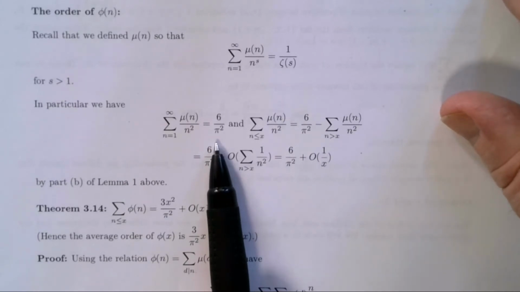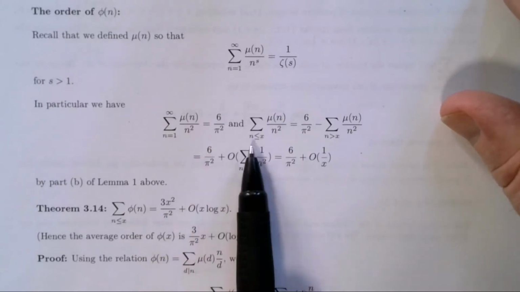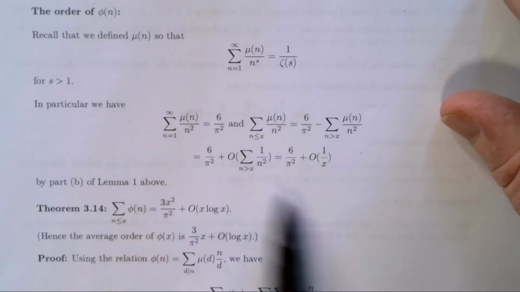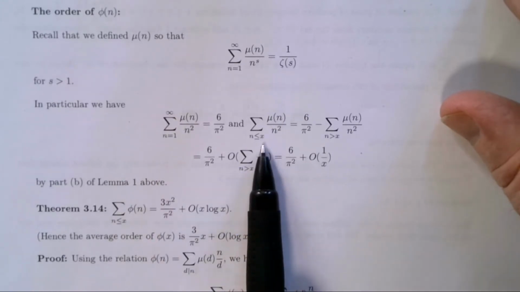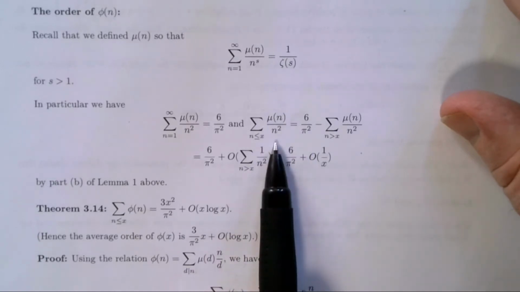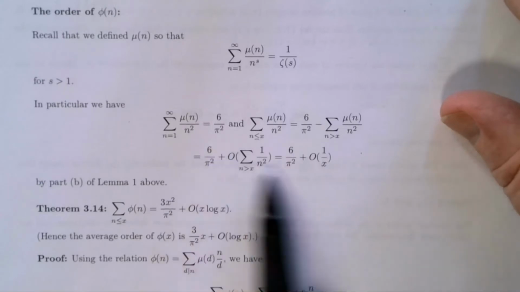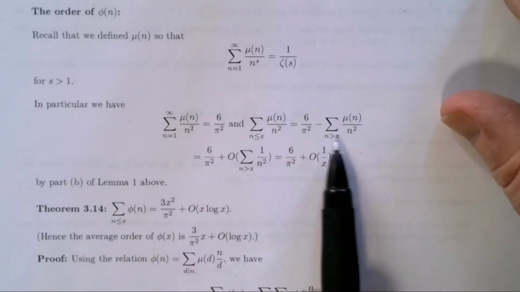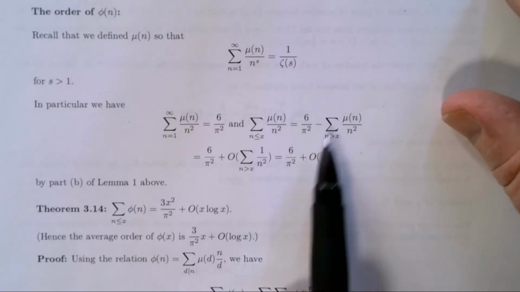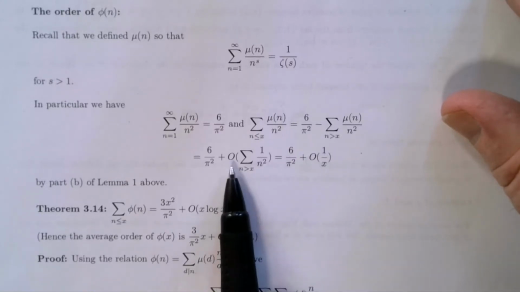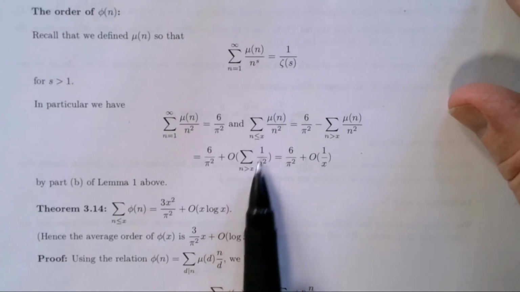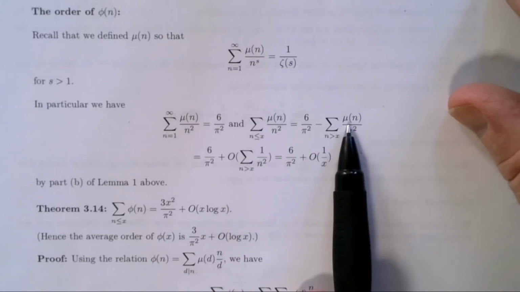And that means then that the sum n less or equal to x of mu n on n squared is going to be 6 on pi squared minus the tail. So the tail is going to be the sum of all the other terms for n bigger or equal to x. And by our lemma above, we can write this as big O of the sum of 1 on n squared, because mu is either 0, 1 or minus 1.